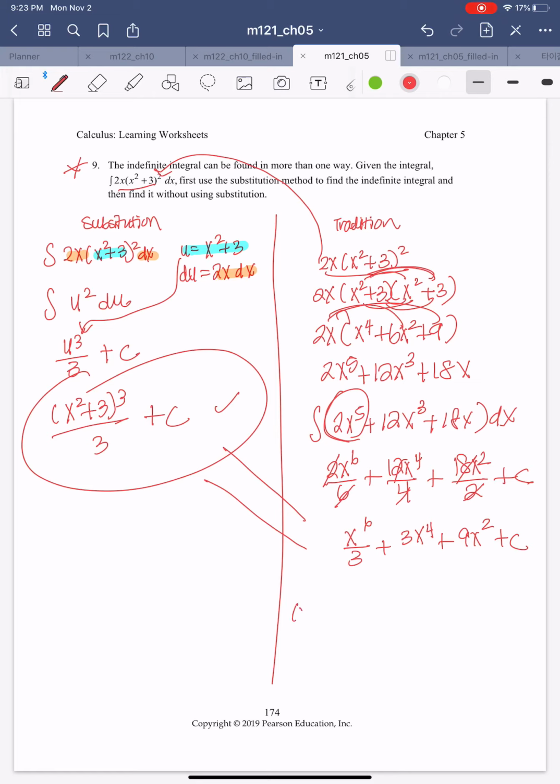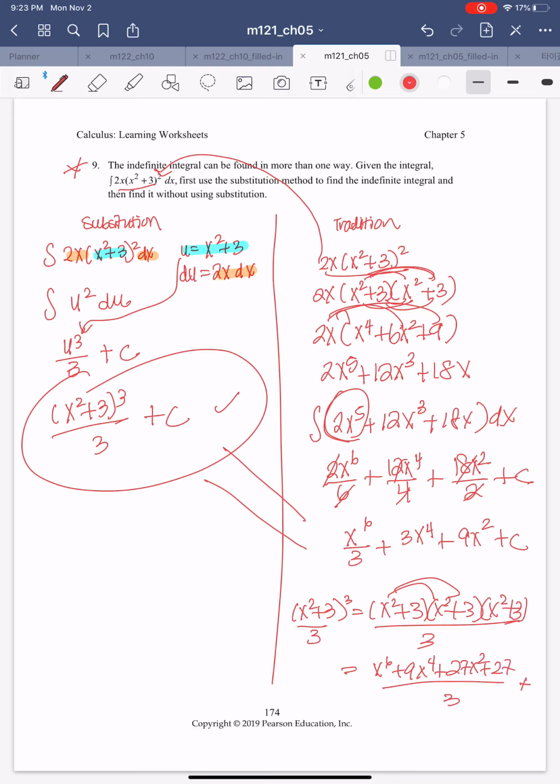If you did x squared plus 3 cubed, right? That means x squared plus 3, x squared plus 3, x squared plus 3. If you cube it, and I will, and then divide by 3, I'm going to let you check it. If you FOIL and then cube it, your numerator should be x to the 6 plus 9x to the fourth plus 27x squared plus 27 over 3.